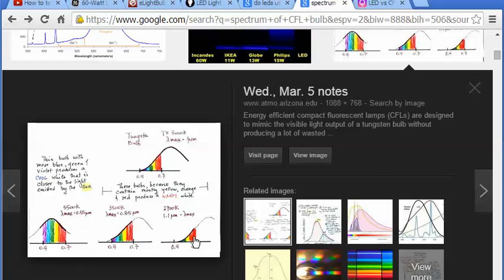You see that the lower the temperature, there's more red and less yellow, less purples. With a higher temperature, there's more purple and a little bit less red.